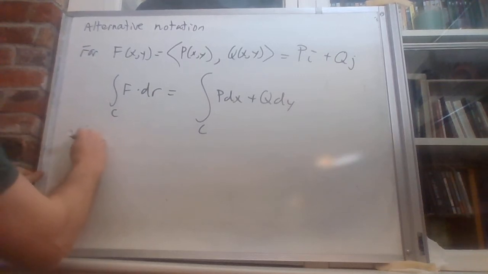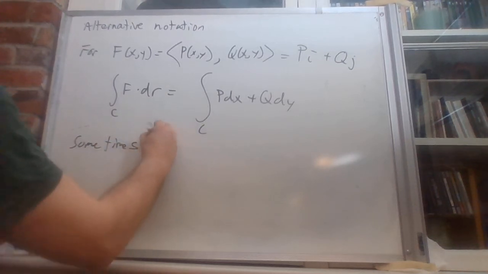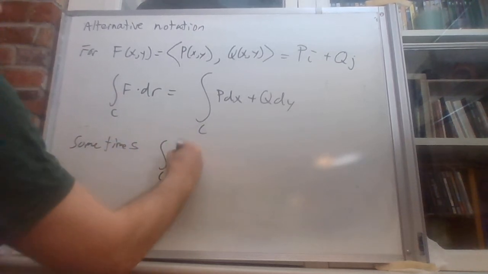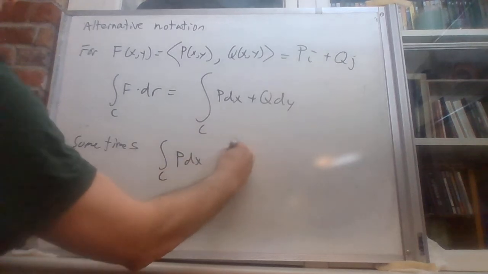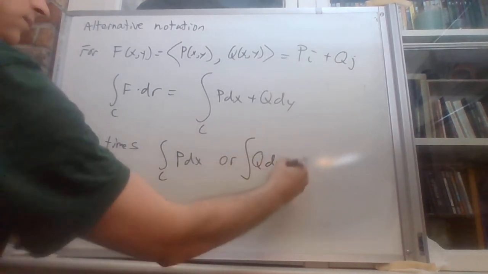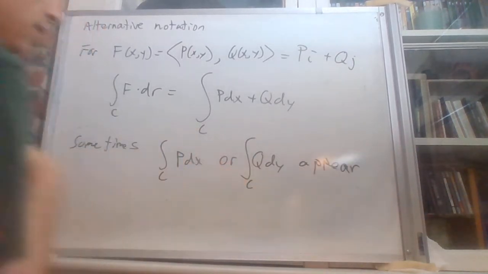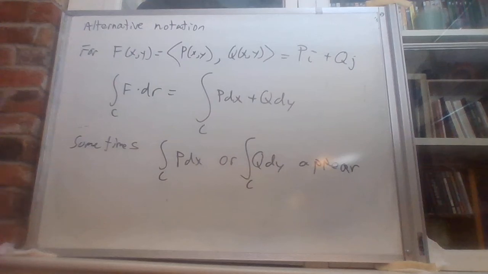Sometimes these integrals appear separately. So you'll sometimes see where we're integrating over the curve just one component of the vector field.